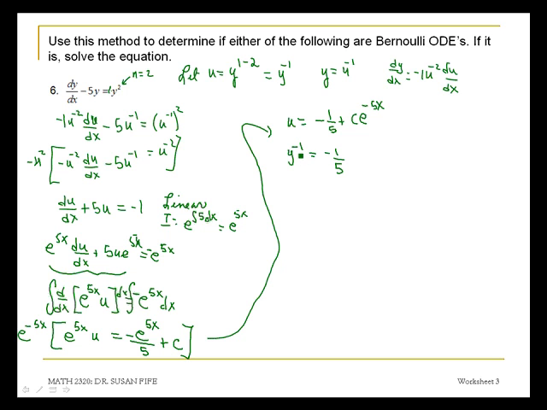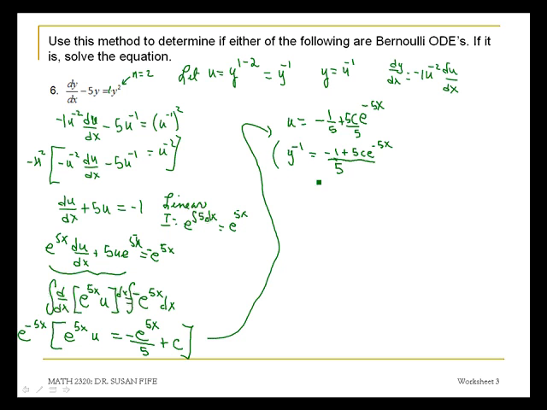And because I have a negative first as the exponent, meaning the reciprocal, I'm going to want to take the reciprocal of this right side also. So I'm going to write both of these numbers using a denominator of 5 and then combine this into a single fraction. So I get negative 1 plus 5c e to the negative 5x all over 5.